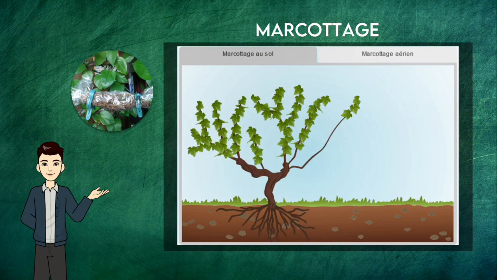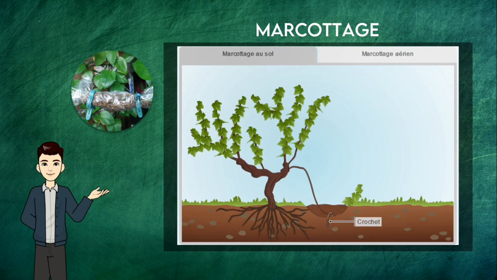Okay, then we dig a hole in the soil in the ground, and we put the trimmed part of the branch into that hole. Then to make sure it stays in the ground, we put something to hold it down. In this video we use crochet, to make sure it stays inside the ground.